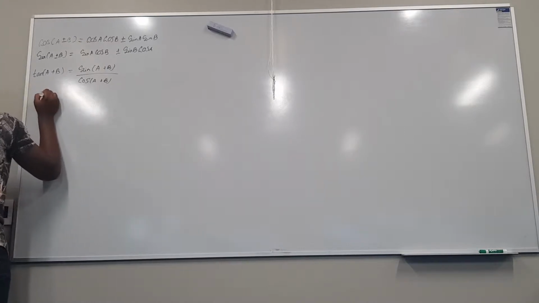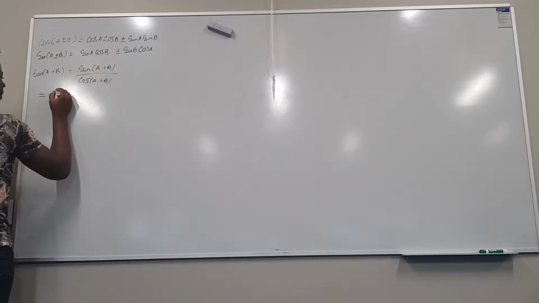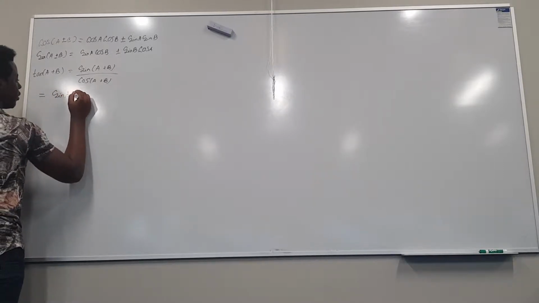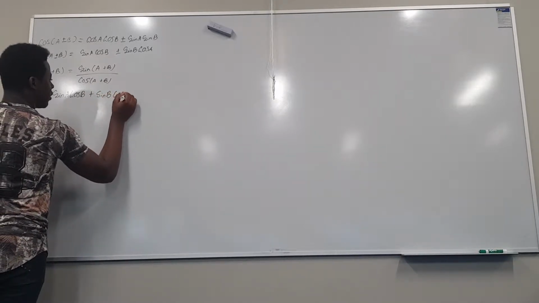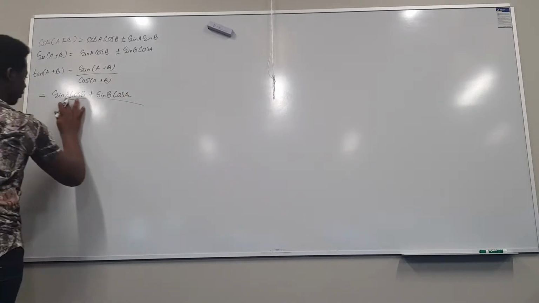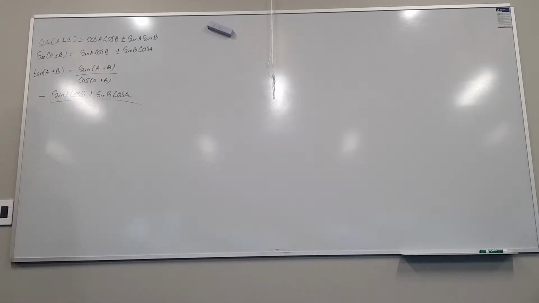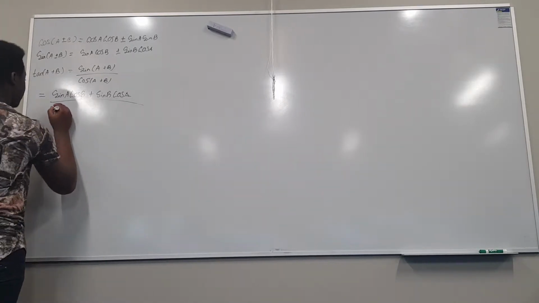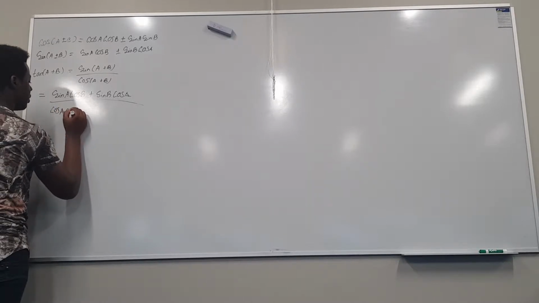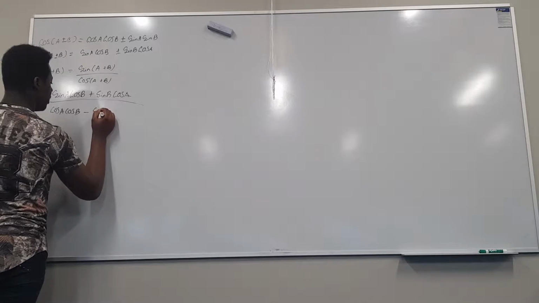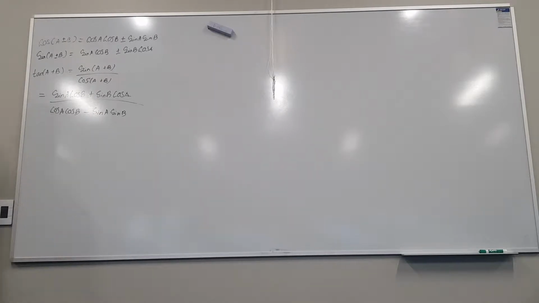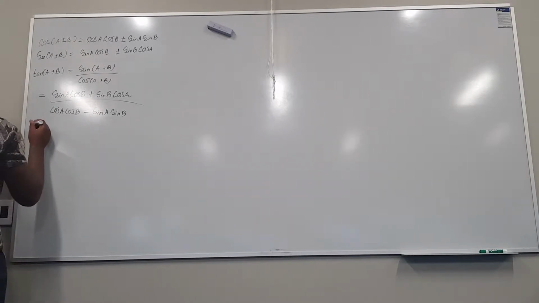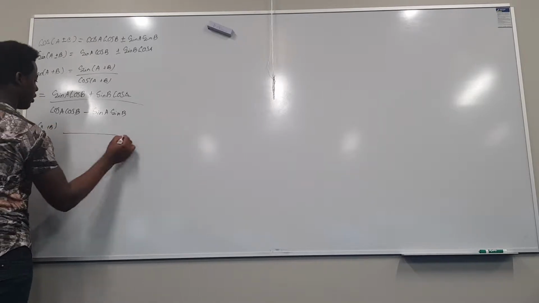And this is equal to sine a cos b plus sine b cos a, divided by cos A cos B minus sin A sin B. If we divide all through by cos A cos B, here is surely going to be 1.